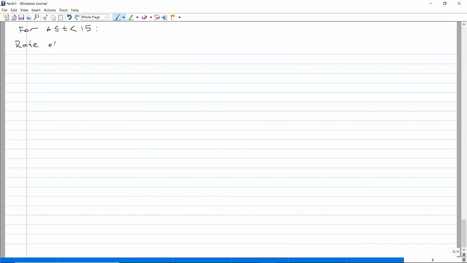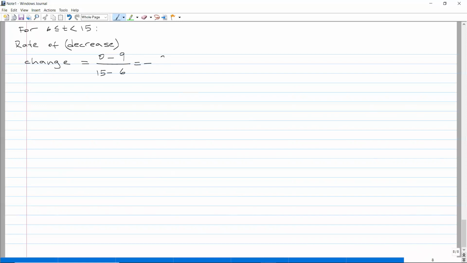So the rate of change, I should say, because it's going to be negative since it's a decreasing rate. It becomes 0 at time 15, and initially it is 9. It becomes 0 at time t equals 15 and starts from 9 at time t equals 6.